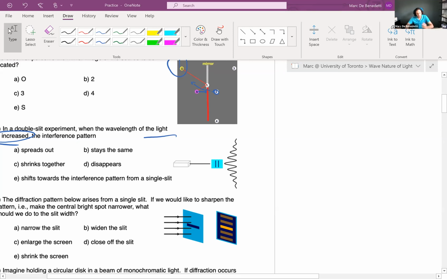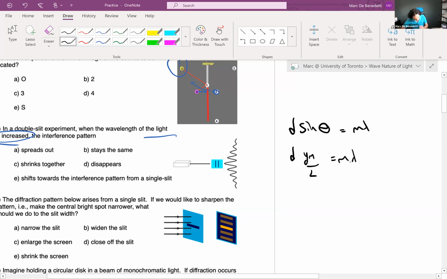Okay, well, let's take a look at this equation here. So the Young's double slit experiment, d sin theta is going to equal m lambda, and sin theta we said was going to be approximated by y_m over L, so y_m over L equals m lambda over d.